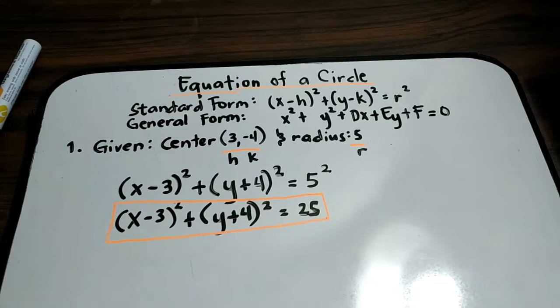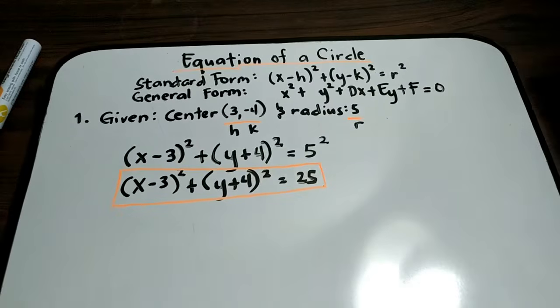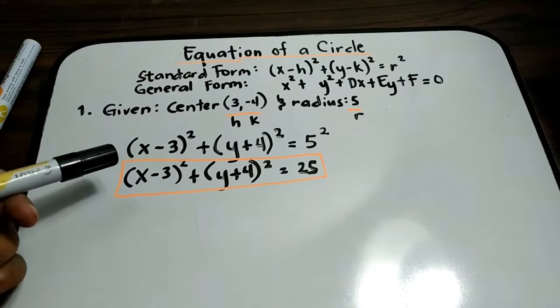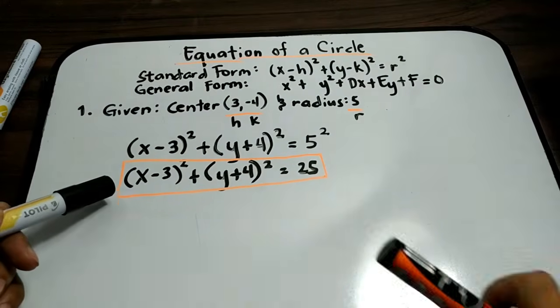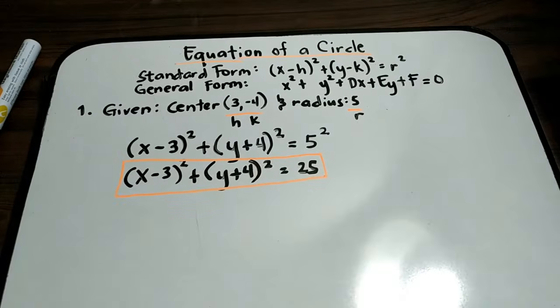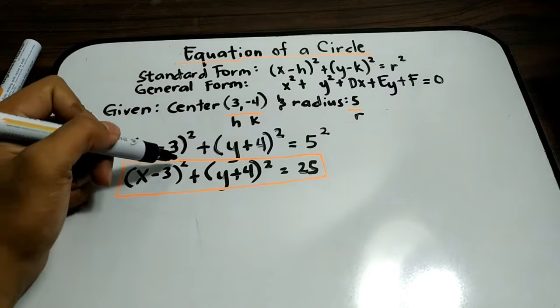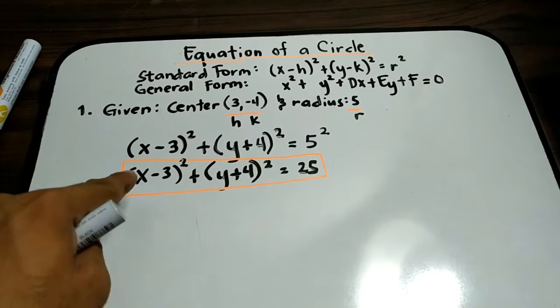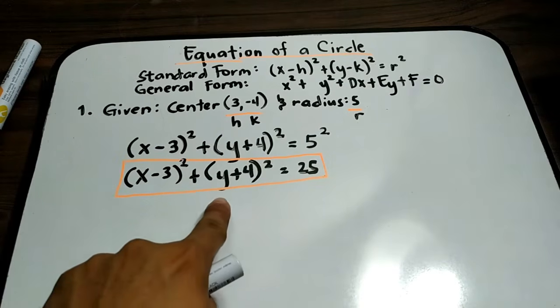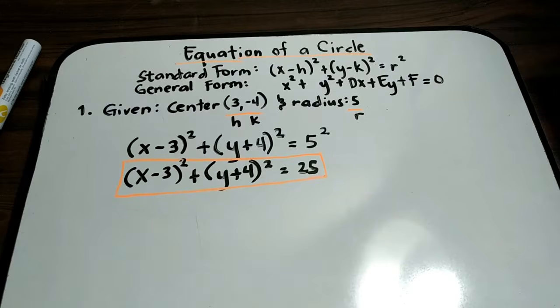The next thing that we need to know is how to get the general form of the equation of the circle from this standard form. So I will show you how. So we know that we have this standard form as x minus 3 squared plus y plus 4 squared is equal to 25.